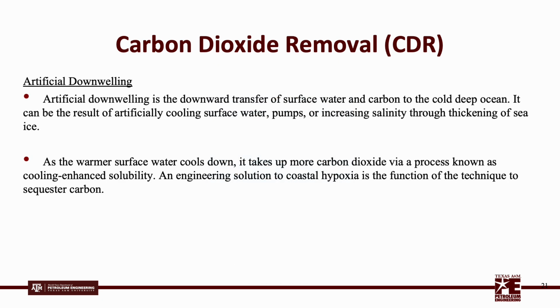Artificial downwelling, on the other hand, is the downward transfer of surface water and carbon to the cold, deep ocean. As the warmer surface water cools down, it takes up more carbon dioxide via a process known as cooling enhanced solubility.